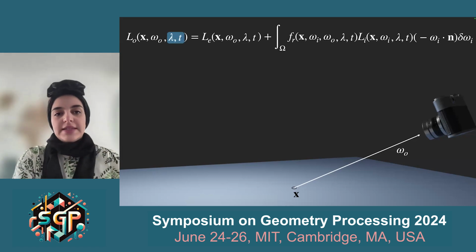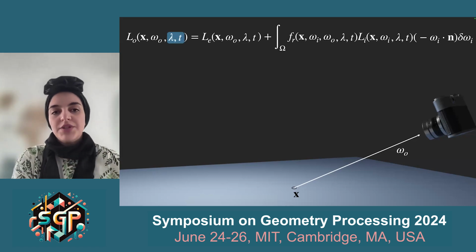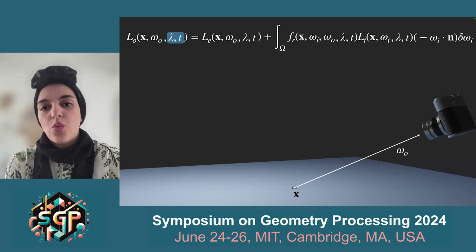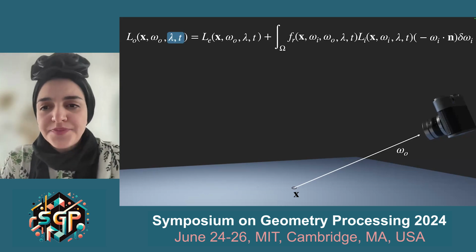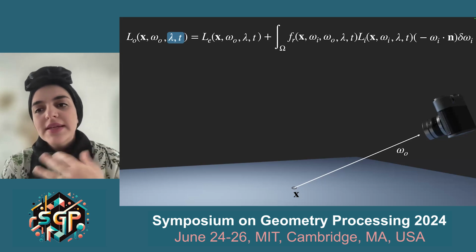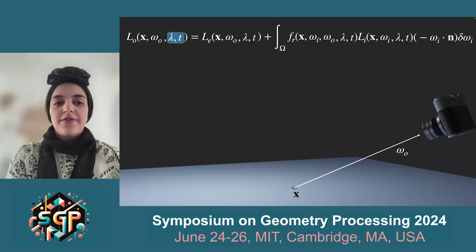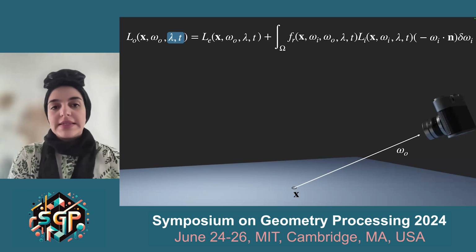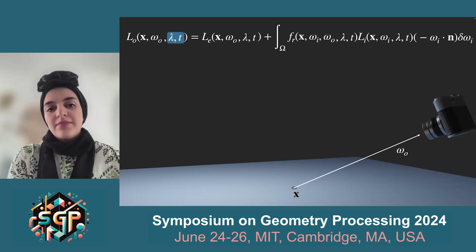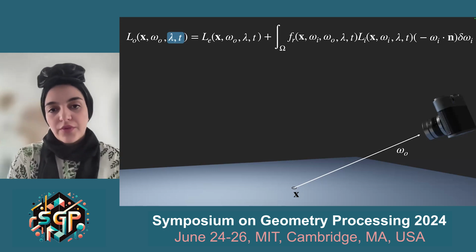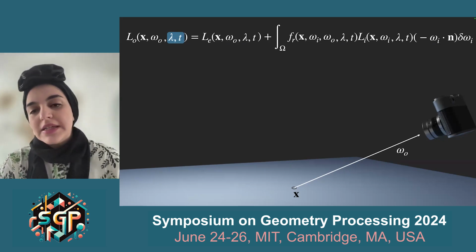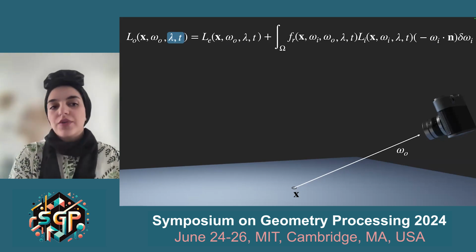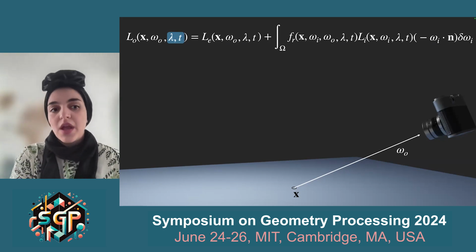Spectral radiance is a term from radiometry that takes into account the wavelength lambda as well as time t. While this is closer to the physics of what's going on in the scene, things happen over time, of course, like animation, and the light effects we see consist of lots of combined wavelengths.